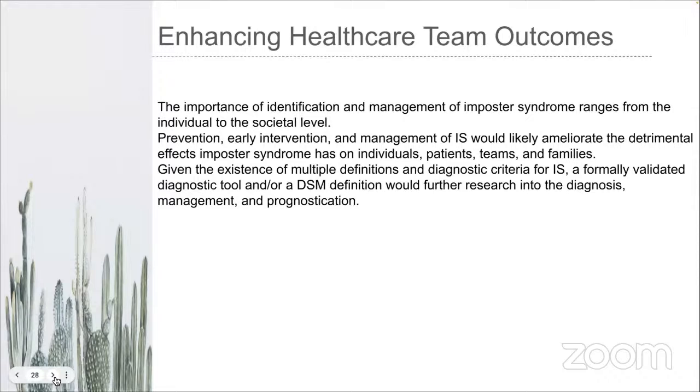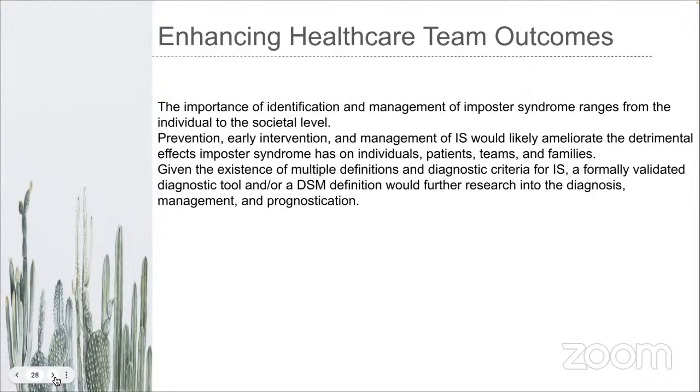So, what can we do to enhance healthcare team outcomes? The identification and management of imposter syndrome have many implications, ranging from individuals' well-being to broader societal impacts. Prevention, early intervention, and effective management of imposter syndrome could reduce its negative effects on individuals, on patients, on healthcare teams, and families.